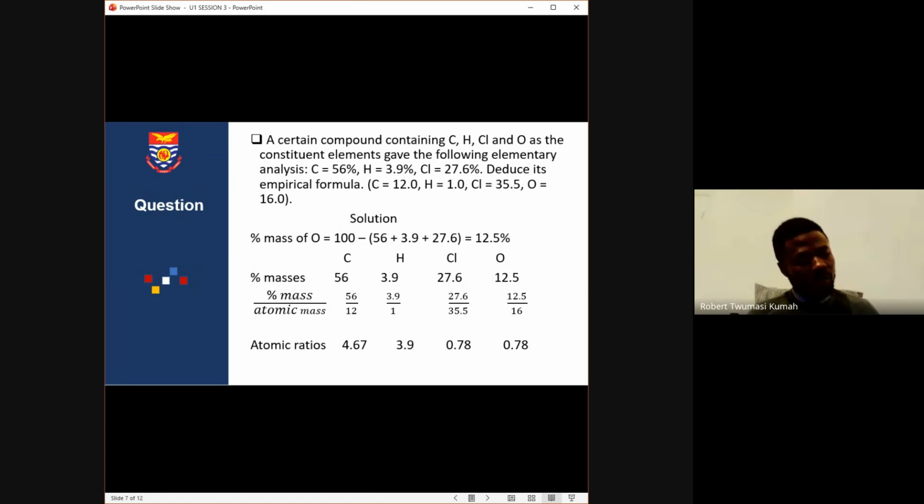Okay, so either you have the masses or the masses converted into percentages.